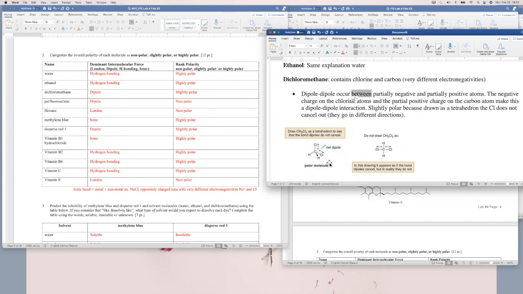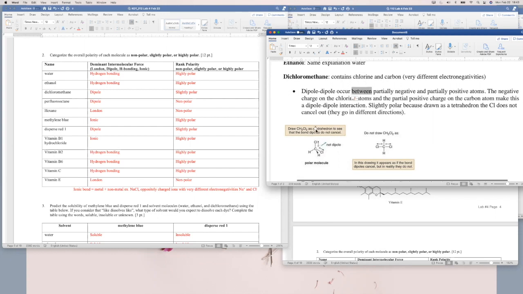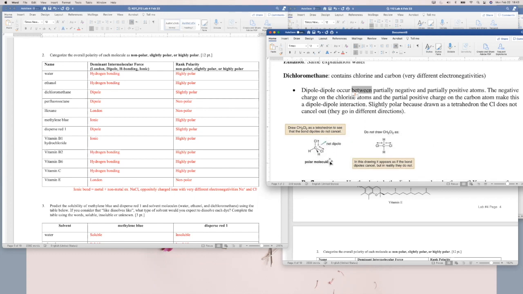This was in the worksheet, so hopefully you saw this picture. If you don't remember anything about net dipoles, that's also in those lecture notes I put on 2U, if you wanted to refresh yourself. I don't know if you need that for organic chemistry, but if you wanted the explanation: those pictures tell you that the bonds do not cancel out because they're not symmetrical.